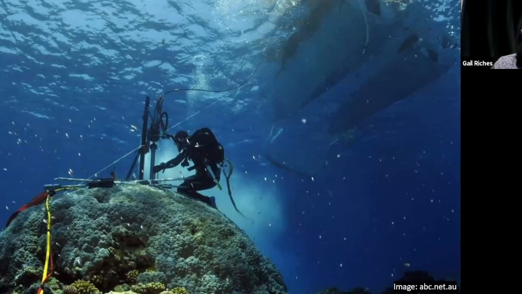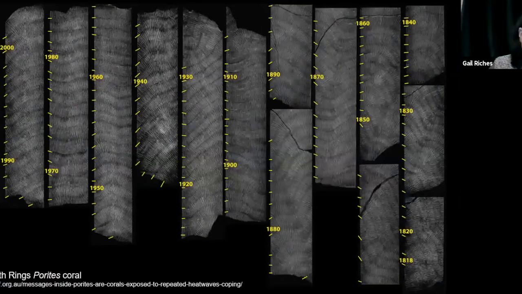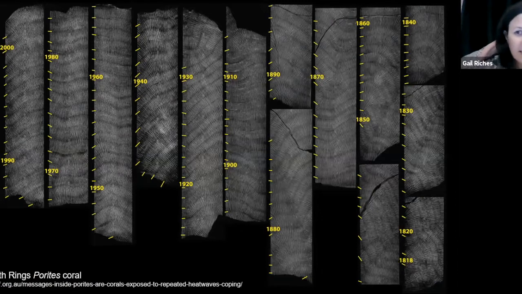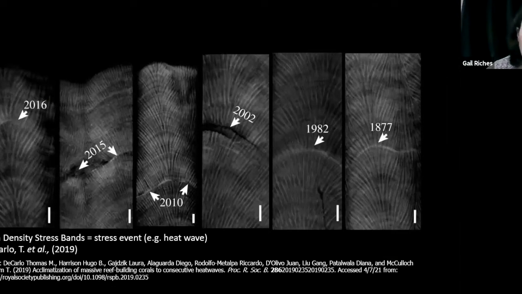And so they get a big long tube of coral core and then slice it up, and you can see that the coral core has growth rings, much like the growth rings on a tree would have. And so they can age the coral based on those growth rings. And so, for example, in this particular instance, this coral is very, very old. And if the coral sample piece breaks off, then it could be even older.